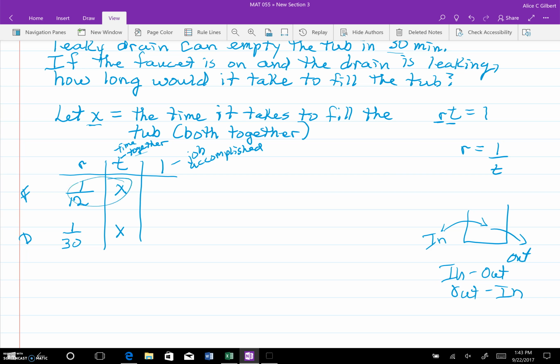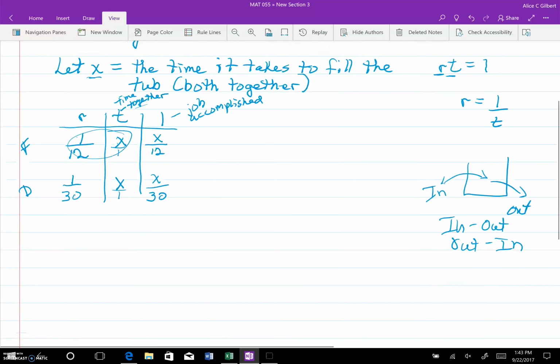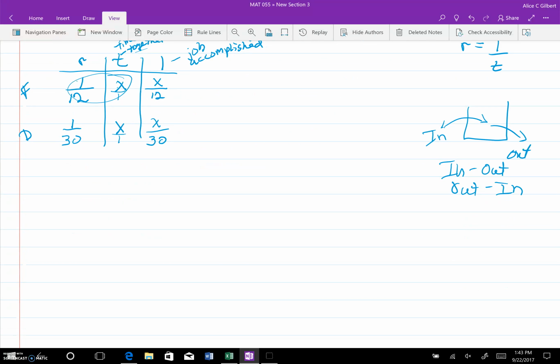So I can multiply these two together. 1 times X is X, 12 times 1 is 12. 1 times X is X, 30 times 1 is 30. And remember, again, these are always equal to 1 when we're doing our equation.